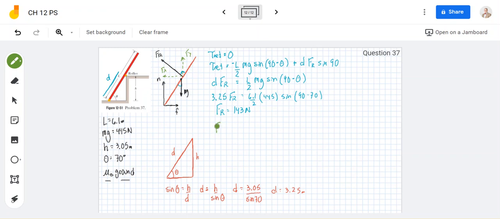So if I want to do the net force in the x direction, I know it's equal to 0, and it's equal to the frictional force minus the roller force in the x direction. That's that one right there. Therefore, my frictional force should be equal to my roller force in the x direction.